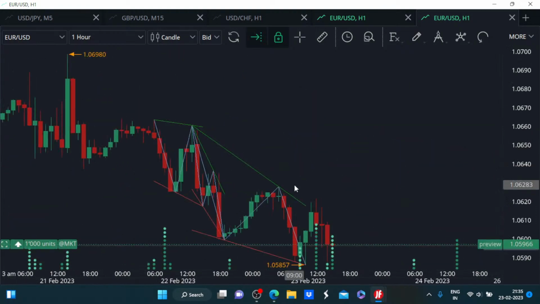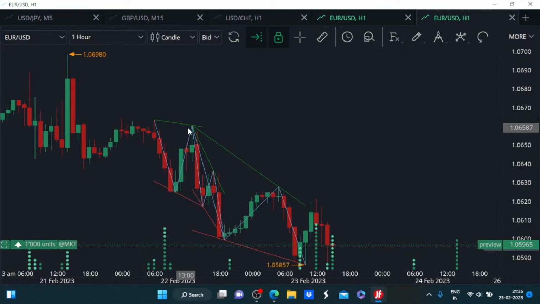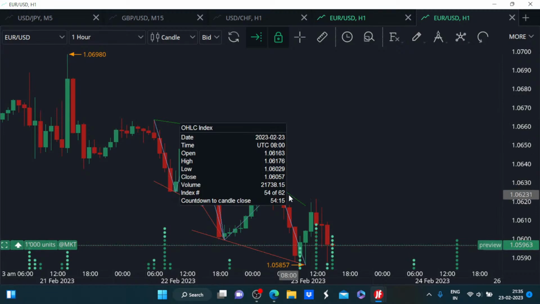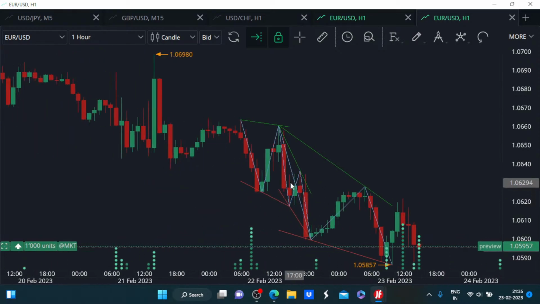Even in today's session we had this channel down pattern, and you can see that recent lows and highs were joined to get us a price formation resulting in this channel down. Now, if you were to utilize this formation to look for trading opportunities, you would have made money on both of these.